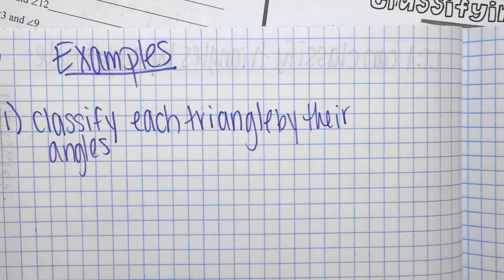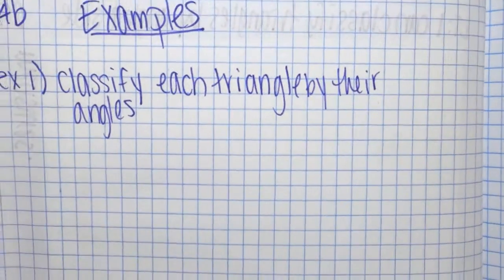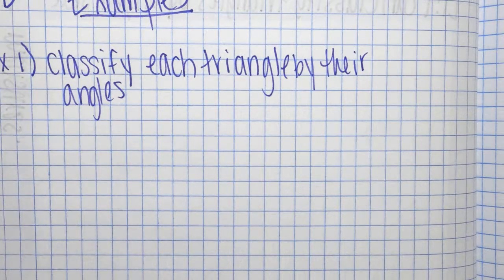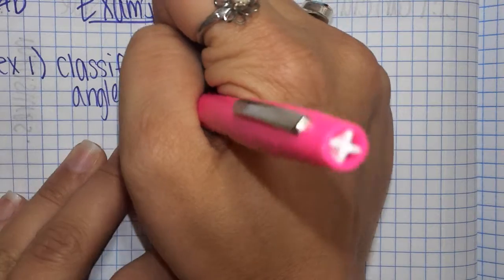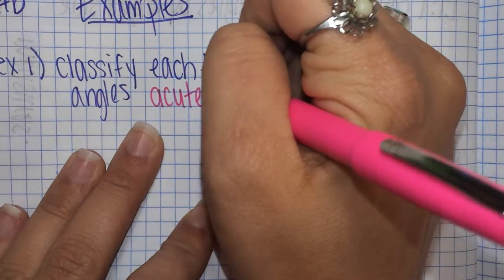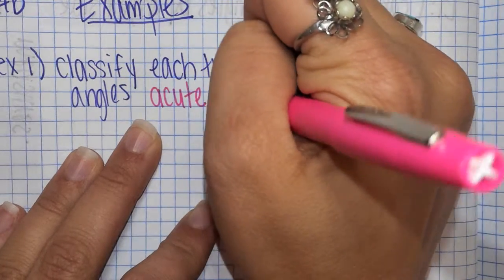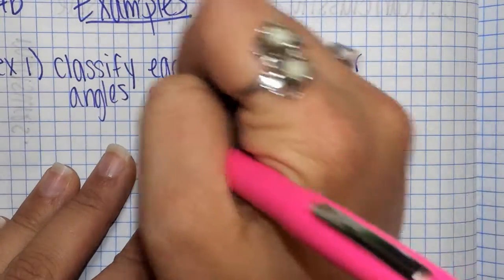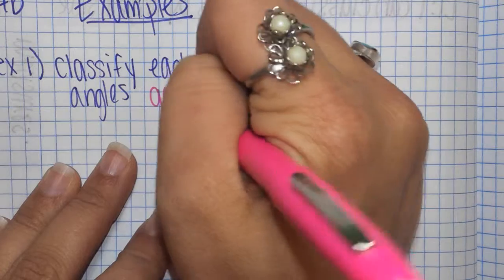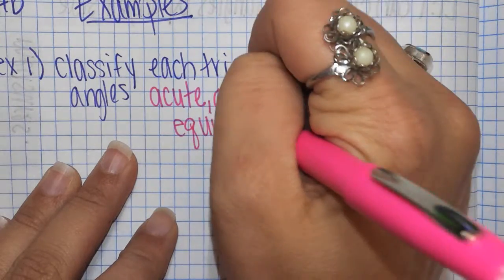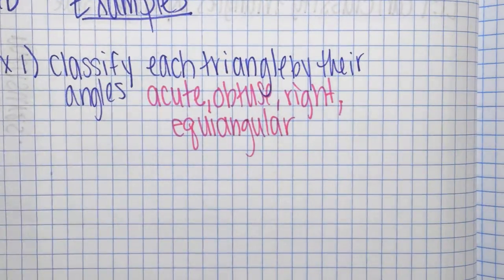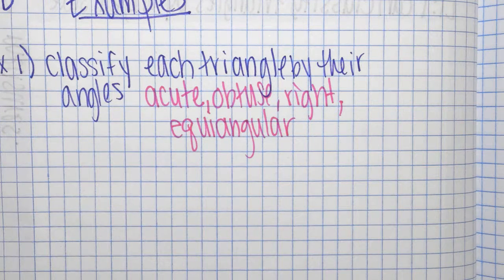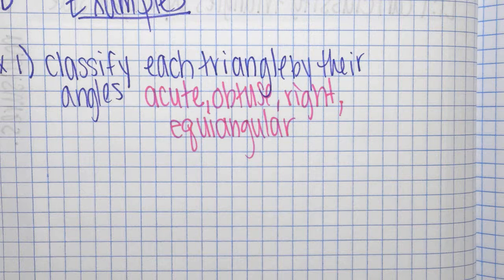Or equiangular. What does equiangular mean? Equal angles. So acute, obtuse, right, equiangular.